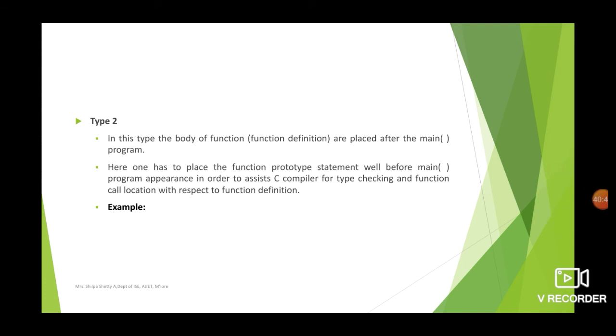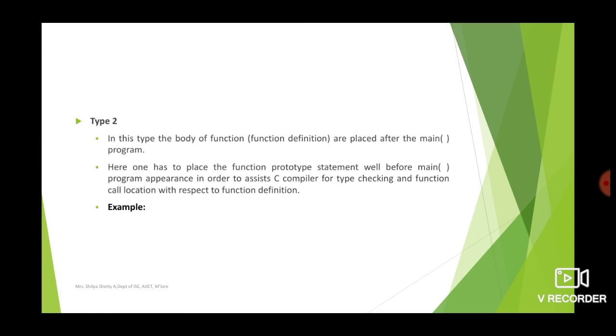The second type of function is type 2. In this type, the body of the function, that is the function definition, is placed after the main program. Unlike the previous one, where the definition came before main, in type 2 the function definition will be placed after the main.